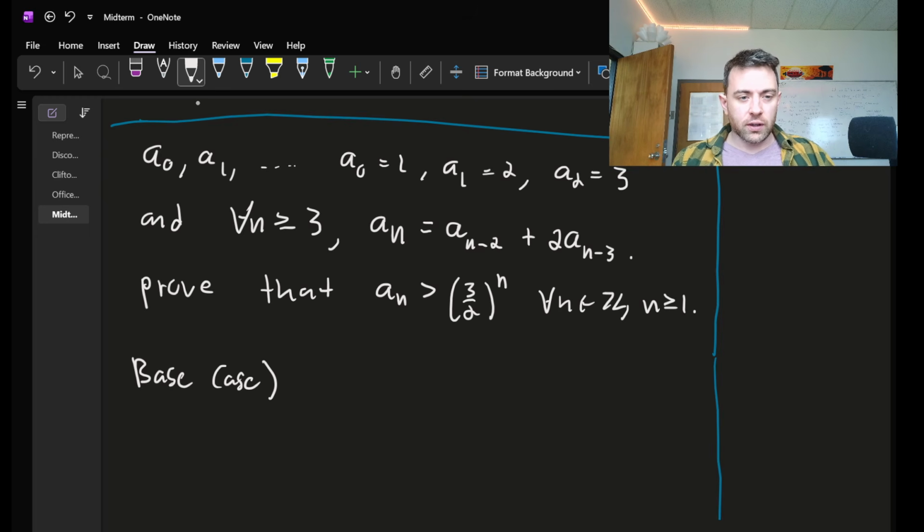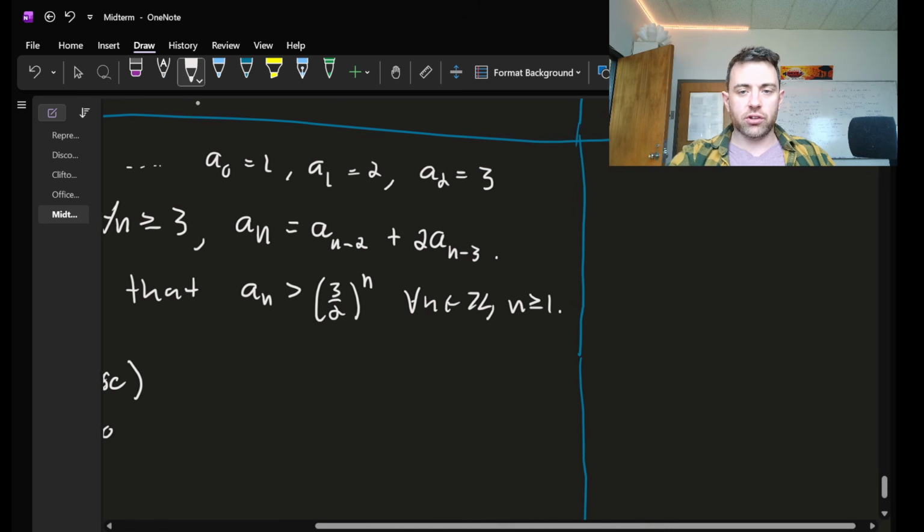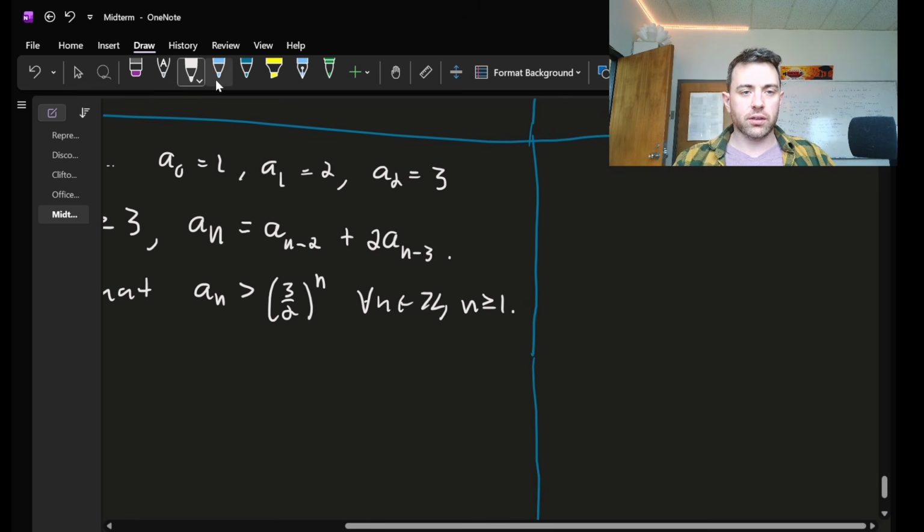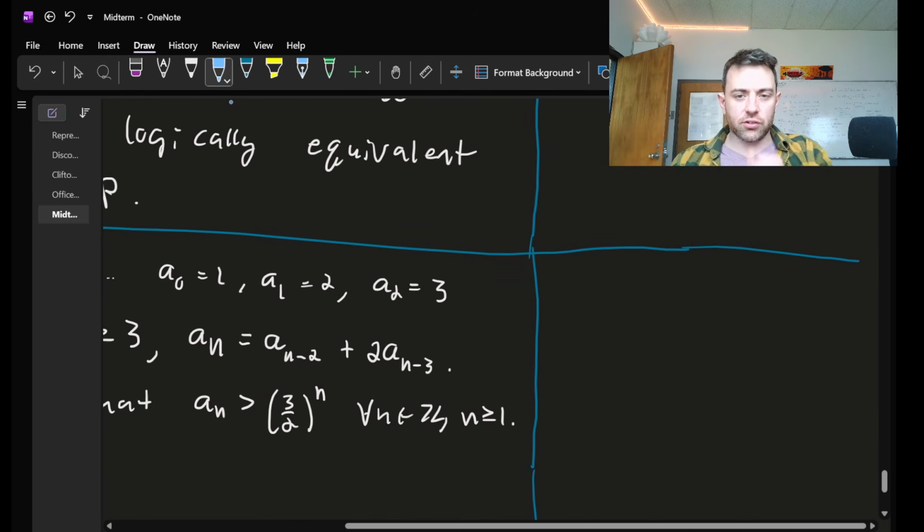So base case, for n equals 0, so let's actually think for a moment. Let's go over to our rough work.